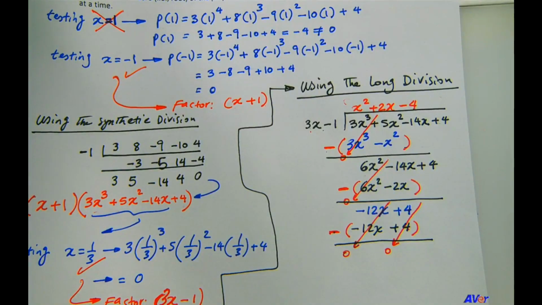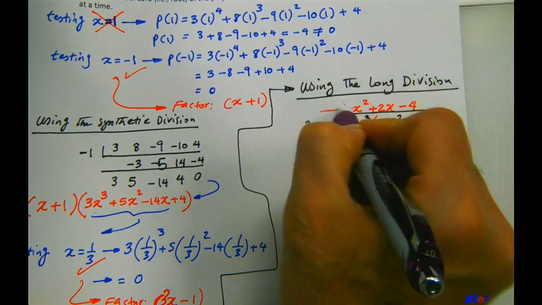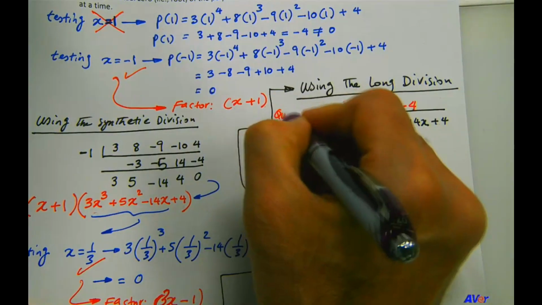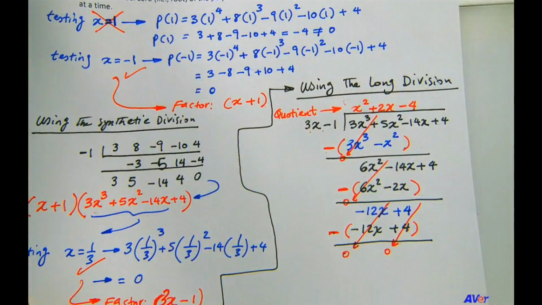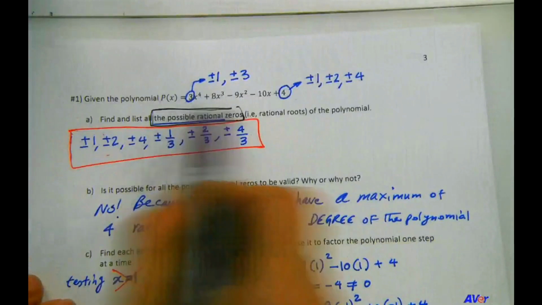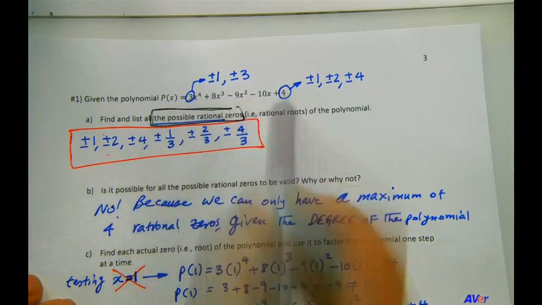So this quotient is our final factor of this original polynomial that we started with.